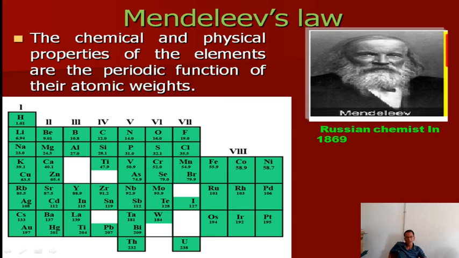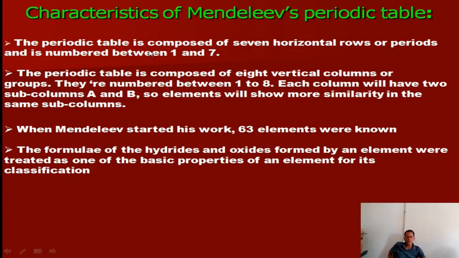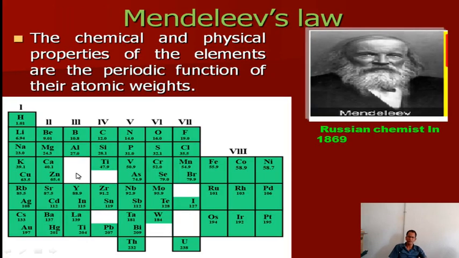You see the features of his table. The periodic table is composed of 7 horizontal rows that are called periods, and 8 vertical columns called groups. Just you see that here, these are called periods, horizontal rows.